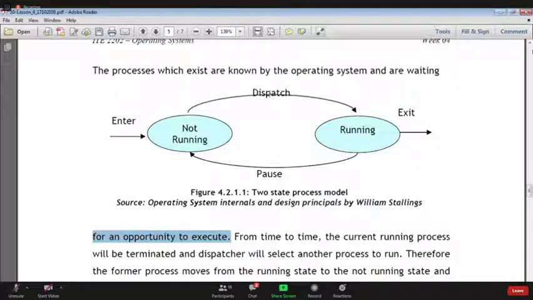The dispatcher is again a program you have put in your operating system.